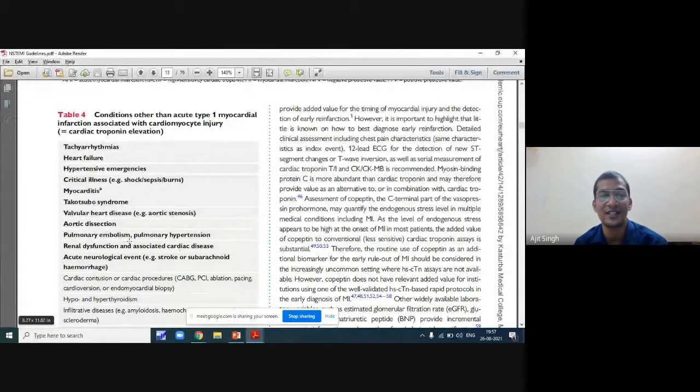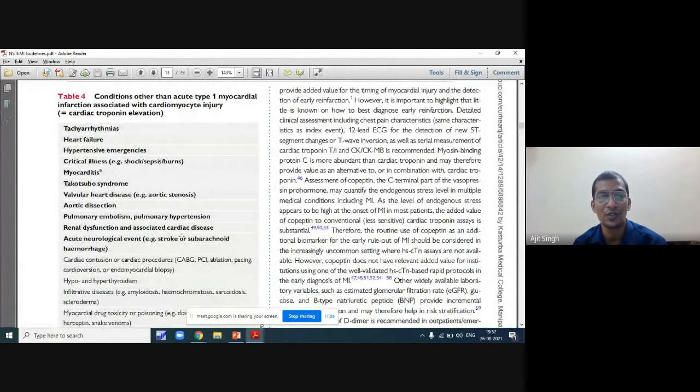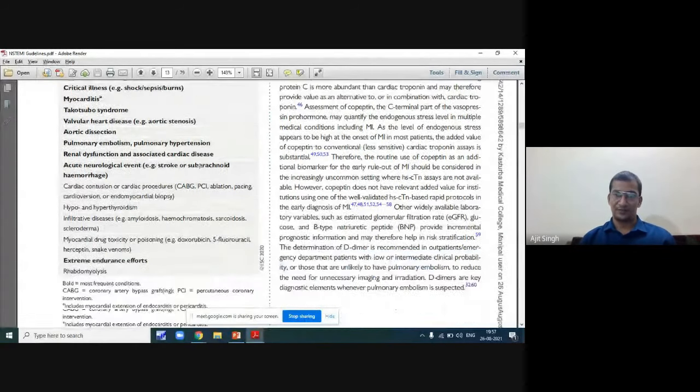You should know these things when you are assessing a patient's chart. You can understand that the patient could have these mimicking symptoms and these complications also. So these are the complications and conditions which can appear along with myocardial infarction.